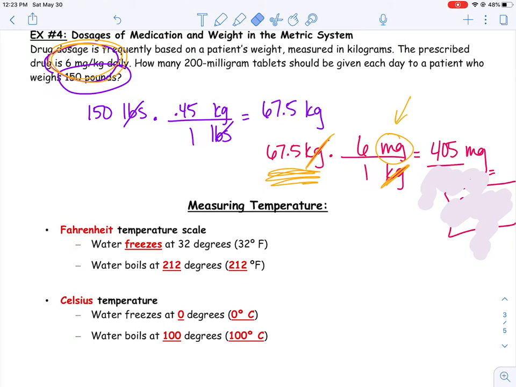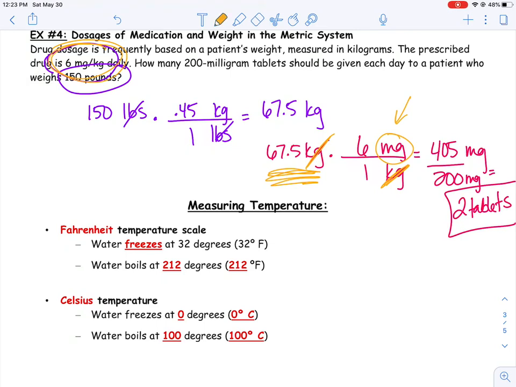If each tablet, though, is 200 milligrams, can I divide by 200? And so it's a little bit close. We're going to have to kind of round a little bit. You get about 2 tablets. This person needs 2 tablets of this drug per day to make sure that they're not over-prescribed and overdose, or under-prescribed and aren't getting better, right?